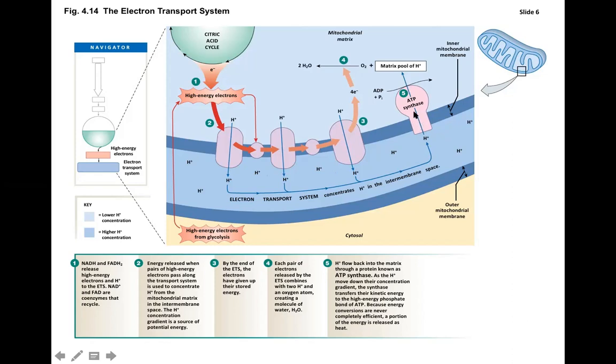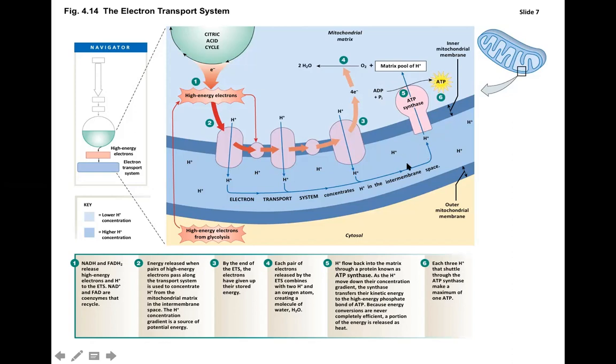And as it moves across, that kinetic energy is enough to allow ADP to get phosphorylated with another phosphate to make ATP. And that kinetic energy gets captured in the bond of ATP. And so that's what ends up happening.